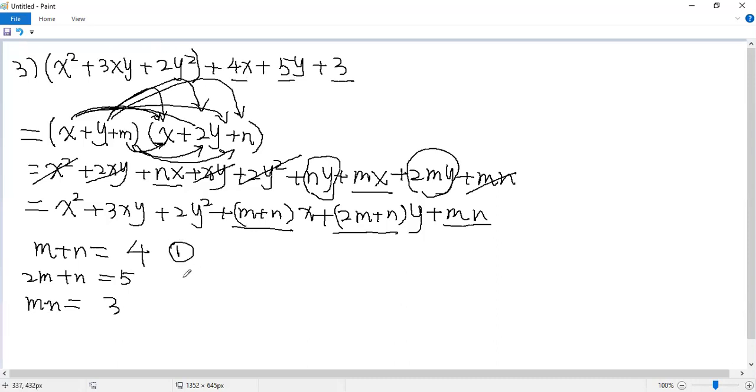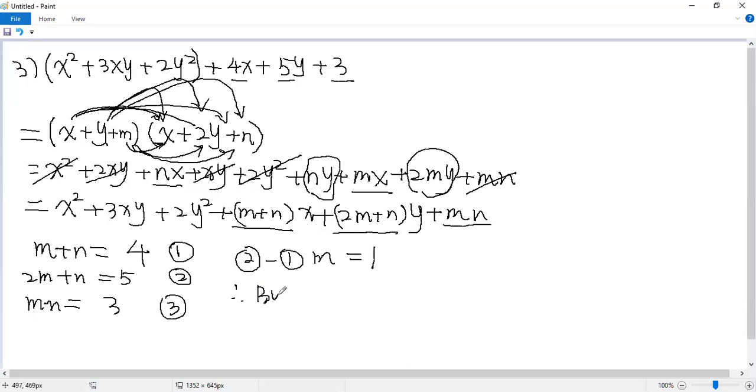Now we subtract: 2m plus n minus (m plus n) is m. The right side, 5 minus 4, is 1. So we get the value of m as 1.